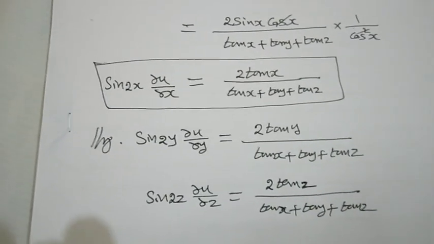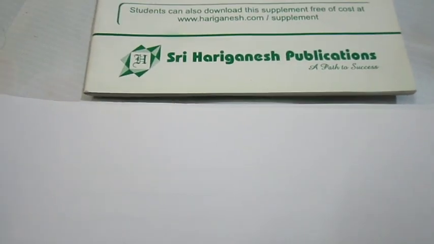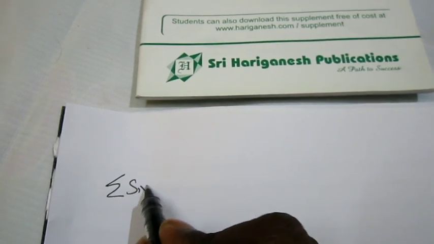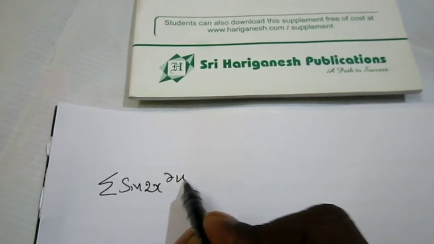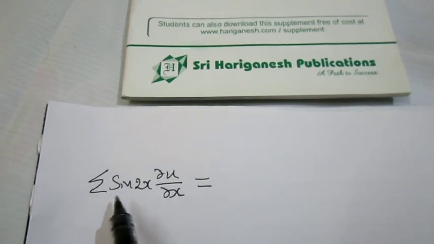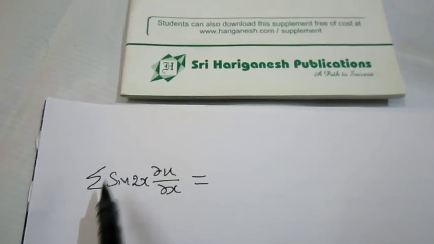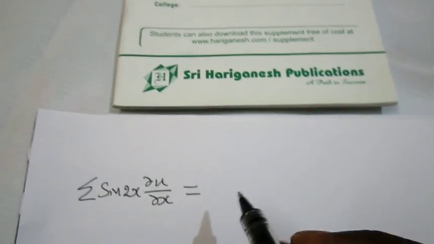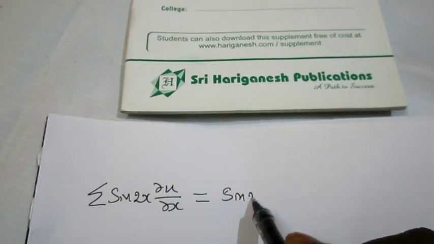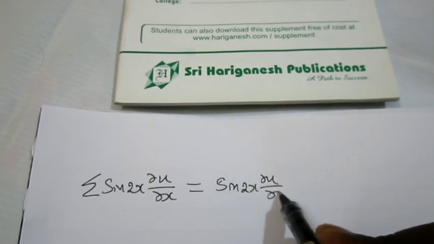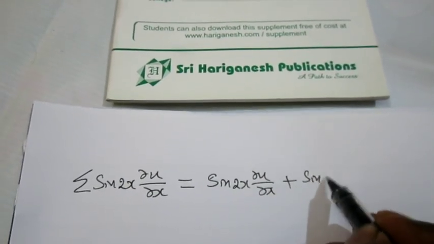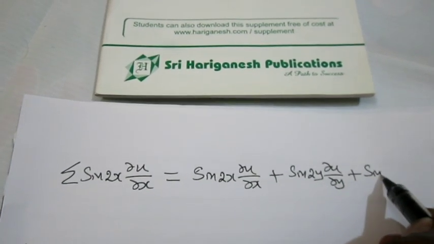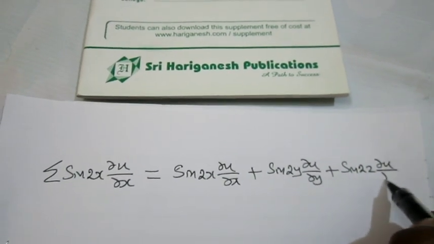Okay, next we have to find out sigma sin 2x dou u by dou x. This sigma represents the sum over all three variables x, y, z. So the sum of three variables means sin 2x dou u by dou x plus sin 2y dou u by dou y plus sin 2z dou u by dou z.